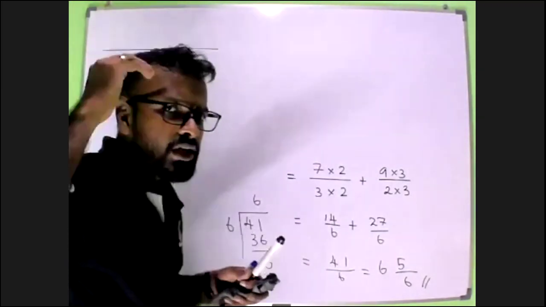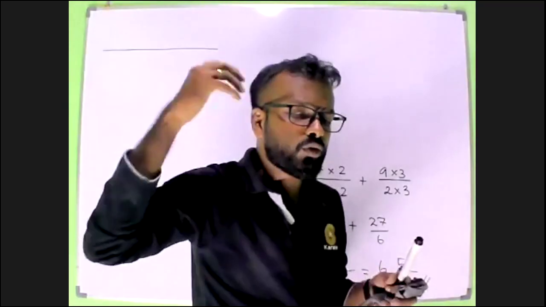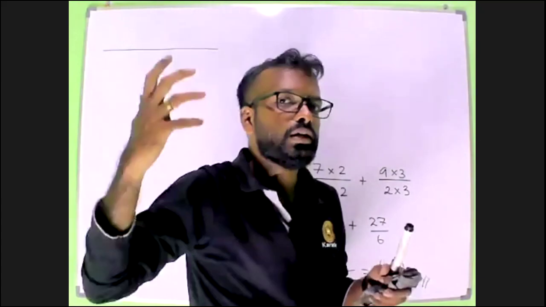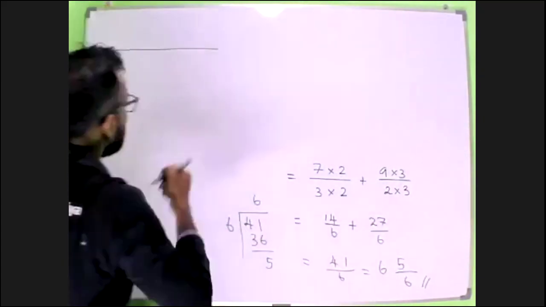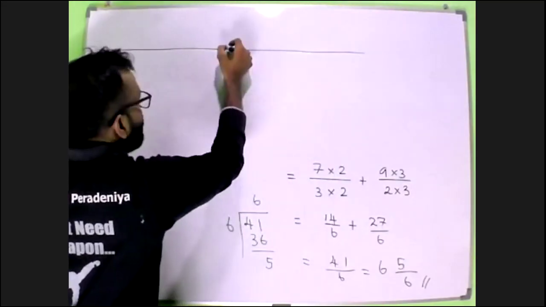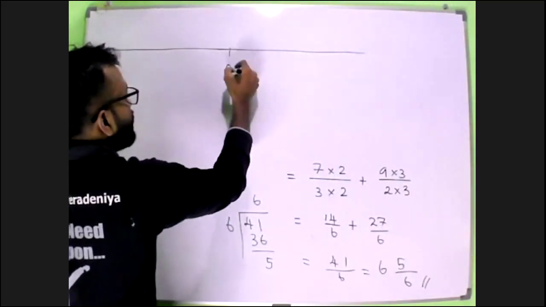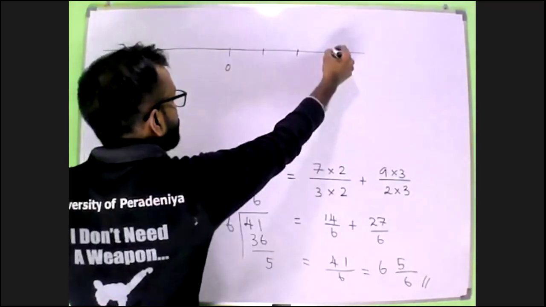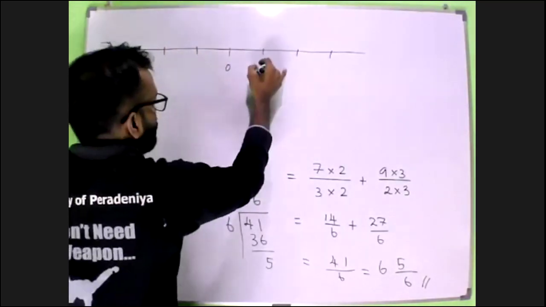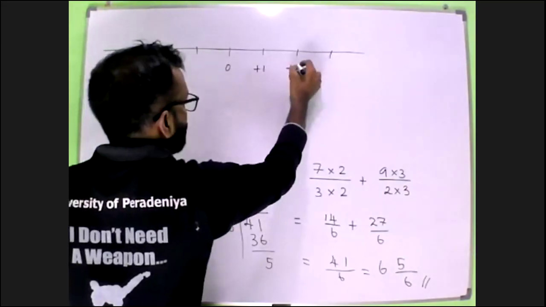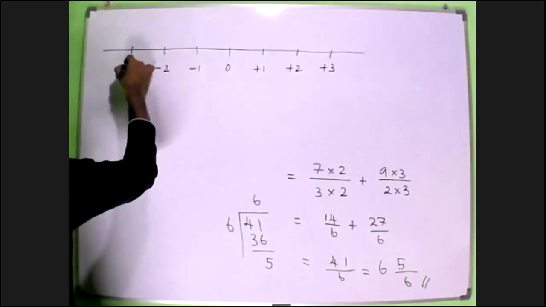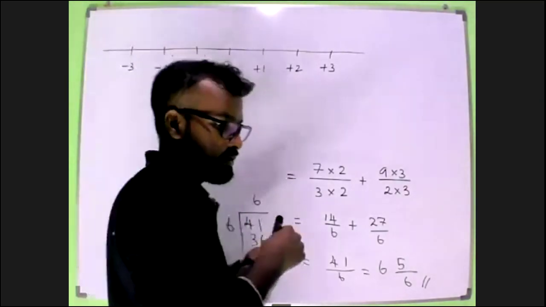Try to remember the theory parts, the things that we have done earlier. I will mark 0 somewhere around here in the middle. 1, 2, 3. Positive 1, positive 2, positive 3. Negative 1, negative 2, negative 3. So this is it.